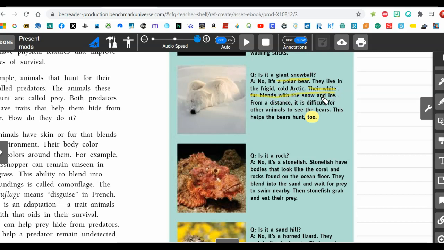So their adaptation, or what they use to survive in the wild, is blending in to their surroundings. And how do they do that? Well, it is difficult for other animals to see the polar bears. So what do you think? It's a polar bear. Do you think it's a prey or predator? What do you guys think? Predator.